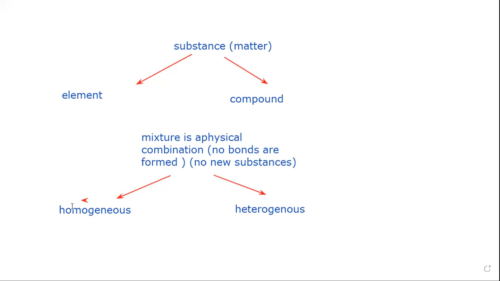Homogeneous is the one whose components we cannot distinguish, while heterogeneous is the mixture whose components can easily be distinguished. The alternative word for a homogeneous mixture is solution.